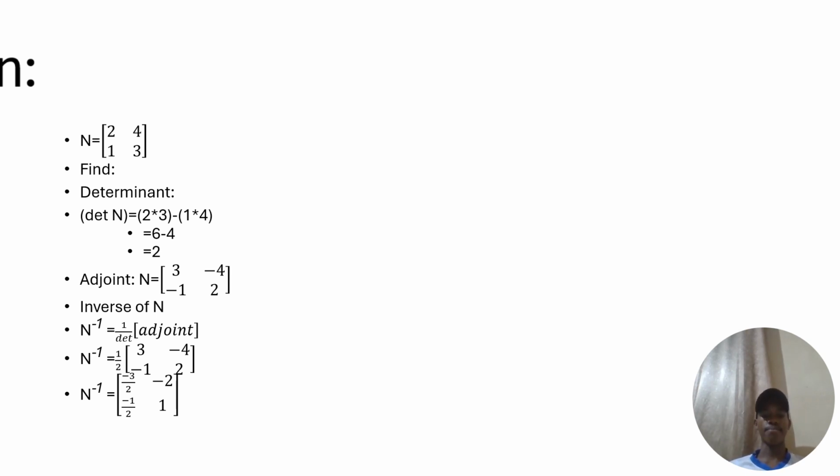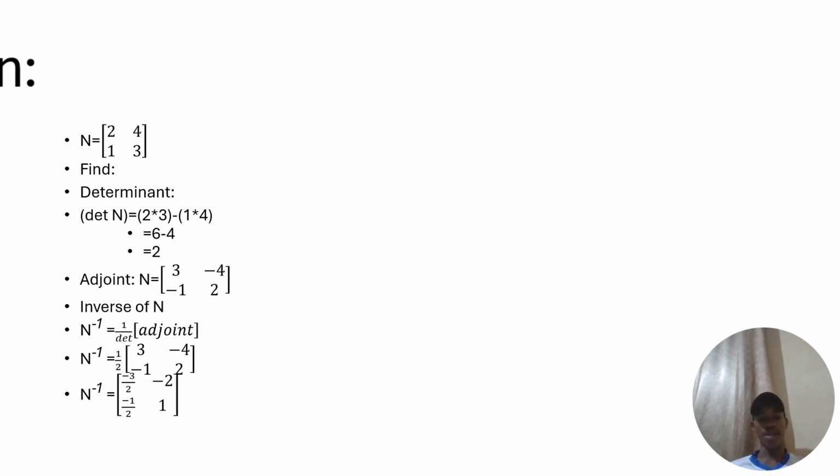So we multiply them, then we subtract the major and the minor. So we are going to get our major diagonal as 2 times 3 minus the minor diagonal as 1 times 4. So here we are going to get our answer as you're seeing, 6 minus 4, then the answer will be 2.